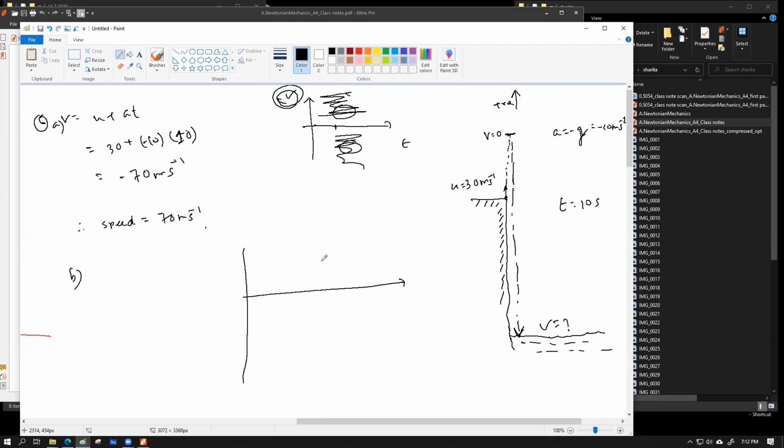How much space should you require for your velocity time graph? On the horizontal axis, you need to show a total of 10 seconds, so a 10 centimeter line is good enough. On the vertical axis, how much length do you require? Can somebody guess?